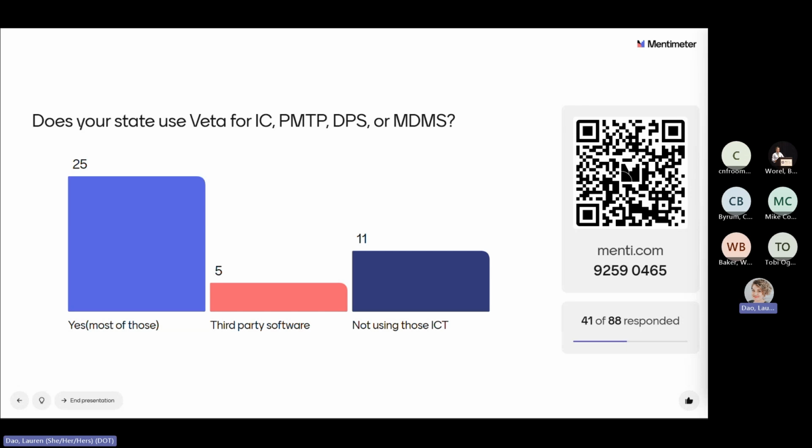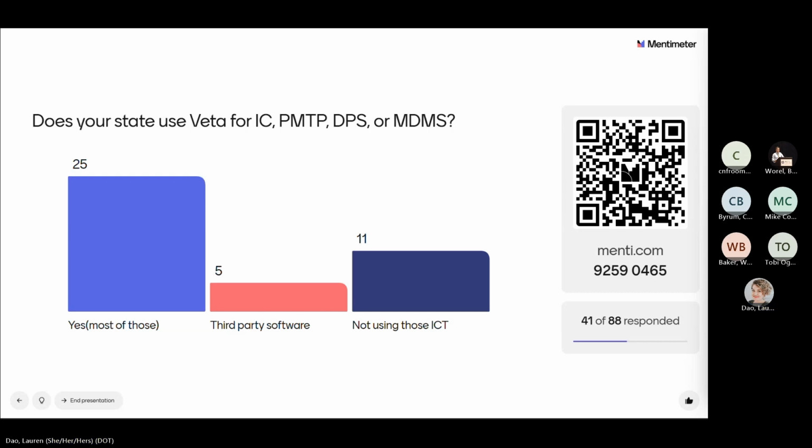Other thoughts, comments, questions? I was just curious, and I don't know if this is for Rebecca, is MnDOT still doing your scorecard? Because I thought that was great. It just went out a week or two ago. Yeah, it is out there, so Matt got his, he asked about his results.